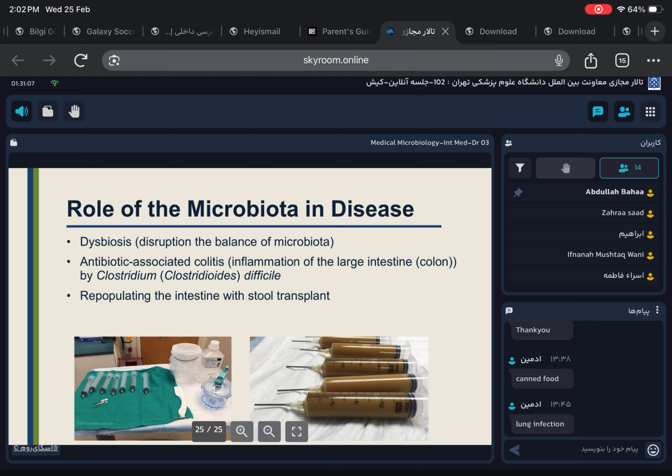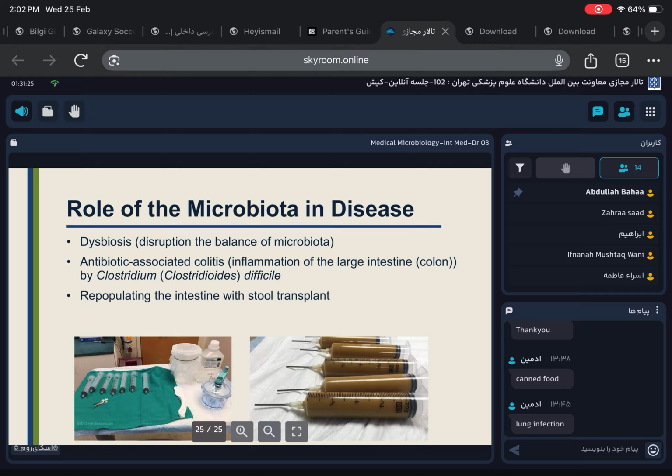And when the microbiota is normal again, they can start fighting against Clostridium difficile, and they just remove it from the intestine. After a while, you see that your patient is improving, and you can save your patient by this simple procedure.